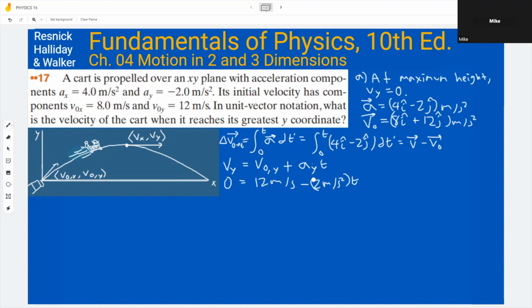Okay, ngayon, yung setup na yan, when you write that down, at the instant at maximum height, when v sub y is equal to 0, or at maximum y.